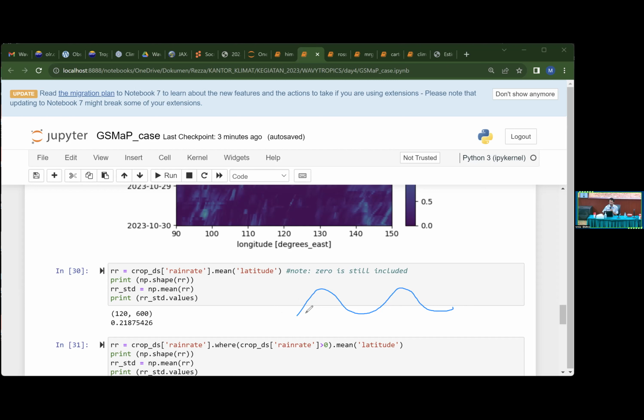For example, if the minimum is 1 or 2 millimeters and the highest is maybe 10, we can say this is a wave, but we need to find the plus and minus.